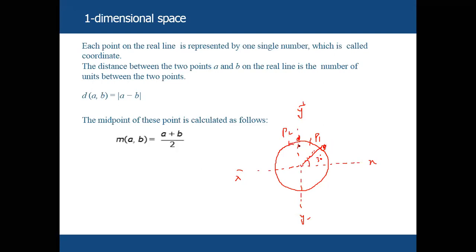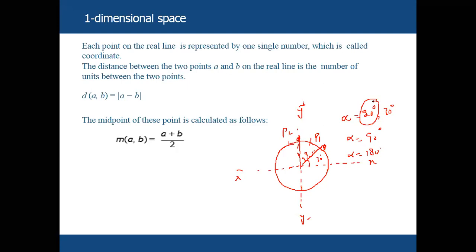For example, at this point the angle is 90 degrees. So if we know alpha, like 20 degrees, 30 degrees, or alpha equal to 90 degrees, or 180 degrees, then with just a single value we can specify the location of a body. This is also an example of one dimensional space.